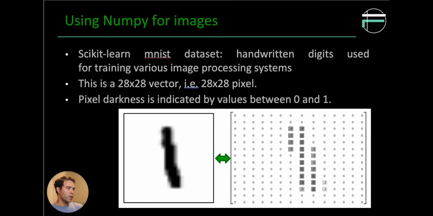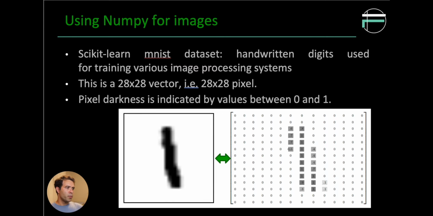This is a handwritten one from kids, and when we bring it into Numpy, you will see that this is a 28 by 28 array. In other words, it is a 28 by 28 pixel image. When we print out the numbers within this array, you see a bunch of zeros and some digits like 1, 0.7, 0.5, all those numbers that we are seeing here.